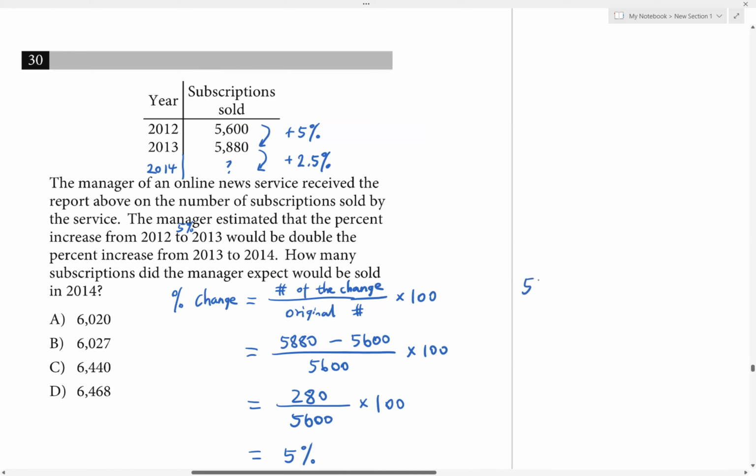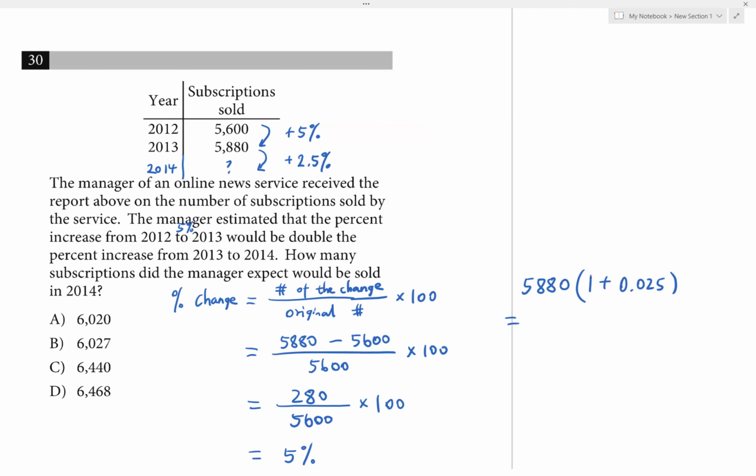the original value. The original value is the 2013 number, 5,880, that's what we begin with. We can multiply by 1 plus 2.5%, which is 0.025. So for a percent increase, we always add it to 1 and then multiply by the number that we begin with.